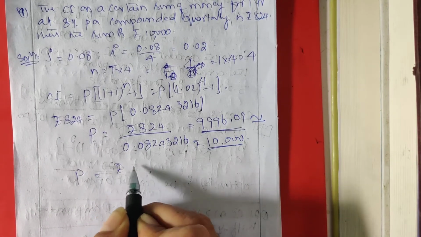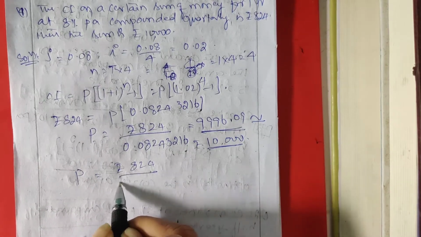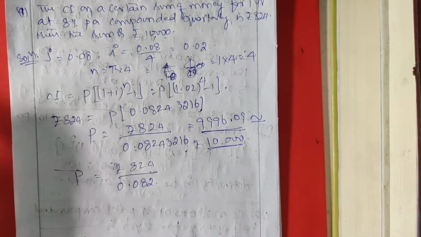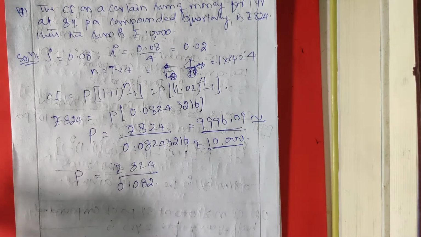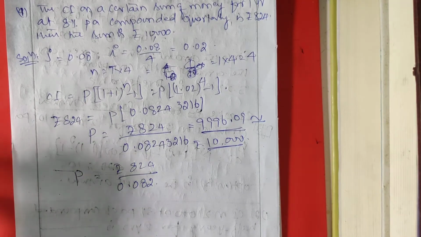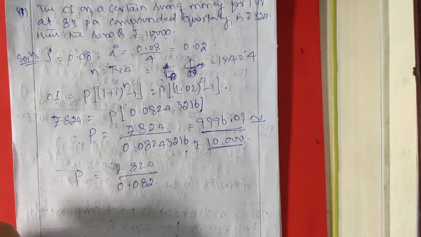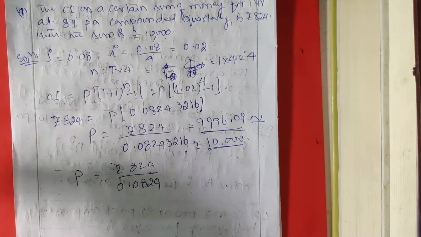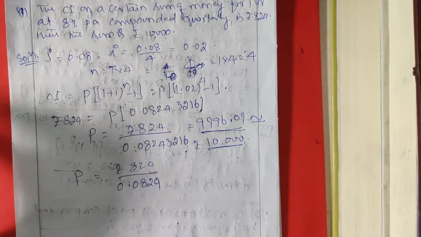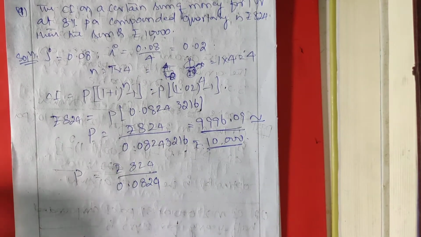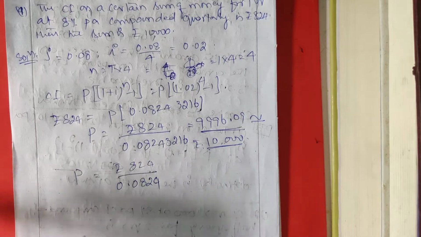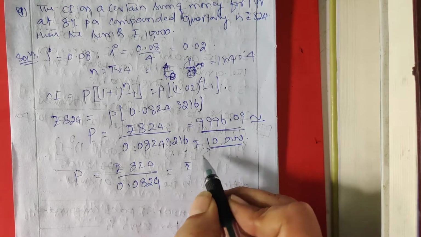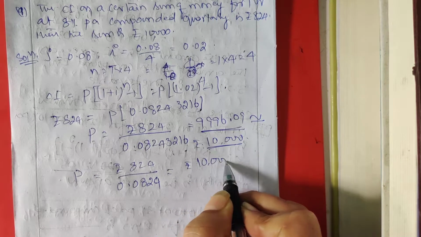I'll take 824 divided by 0.082, which is equal to 10,048. I'll take one more digit: 824 divided by 0.0824 is 10,000. So when you take only 4 digits, it is rupees 10,000.